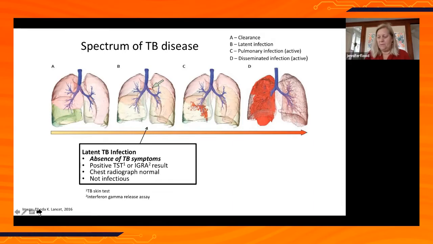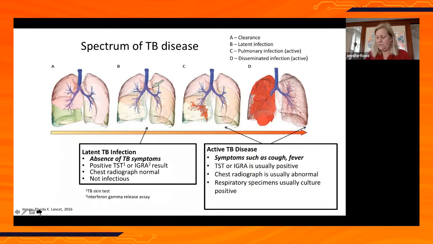However, active TB, as we've seen in the radiology review, can start as a subtle, insidious illness as bacteria multiply and cause pathology. Active TB is usually marked by a positive culture and an abnormal chest x-ray. So this evolution from latent to active TB can take months, but more often it takes years.